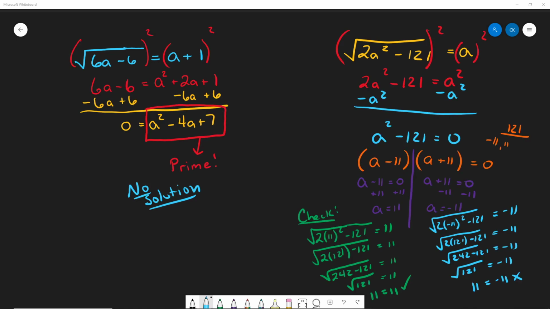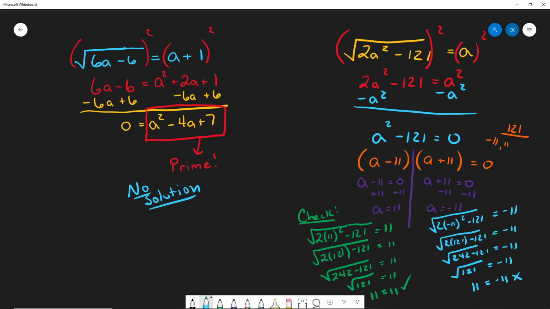So as we see, in the first one, there is no solution. If we go through the problem here, we don't have to move anything, so we start by squaring both sides. Square root of 6a minus 6 squared, we just take the radicand, which is 6a minus 6. And then we square our a plus 1, we get a squared plus 2a plus 1. We need to get this side to equal 0, so we subtract 6a, and we add 6 to both sides.